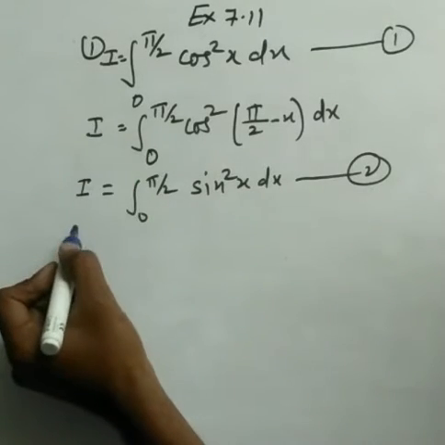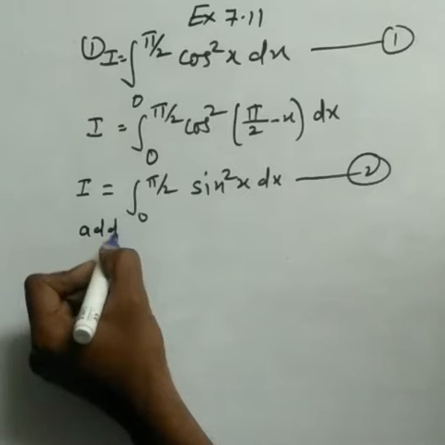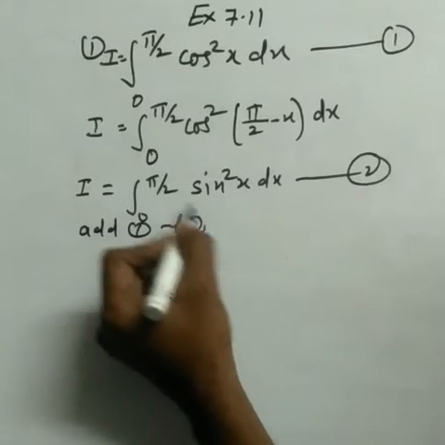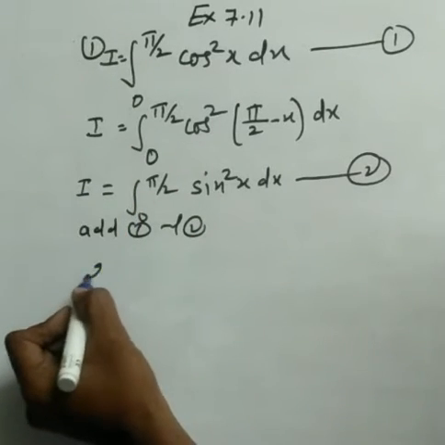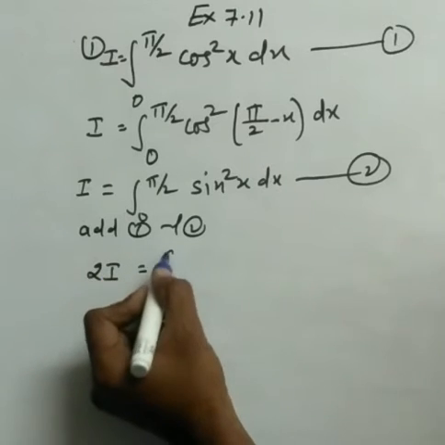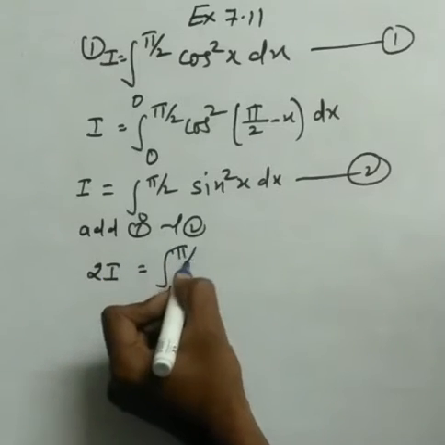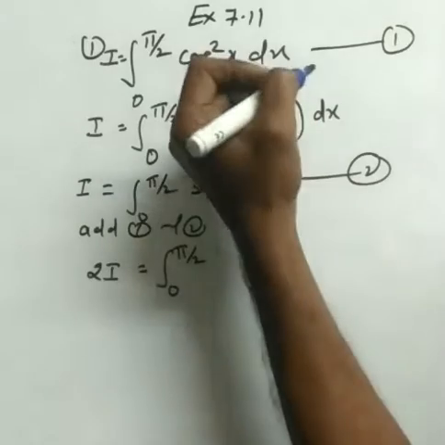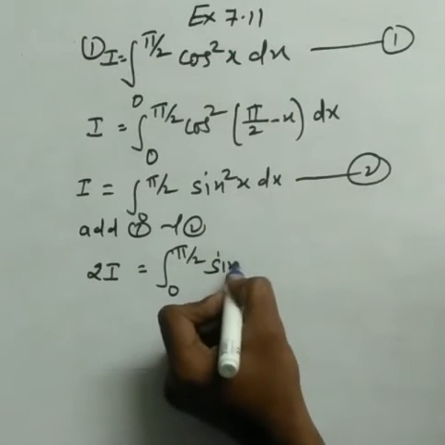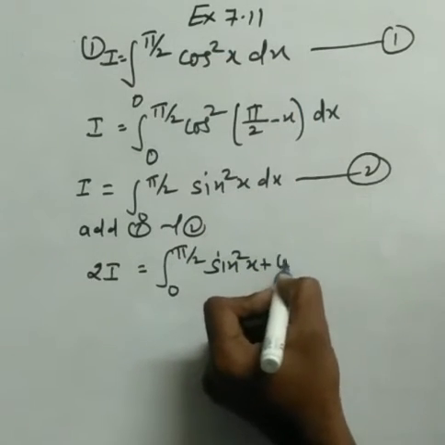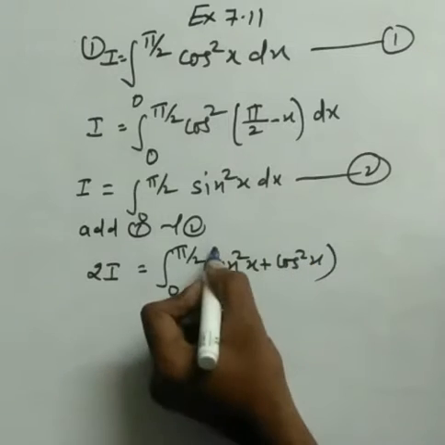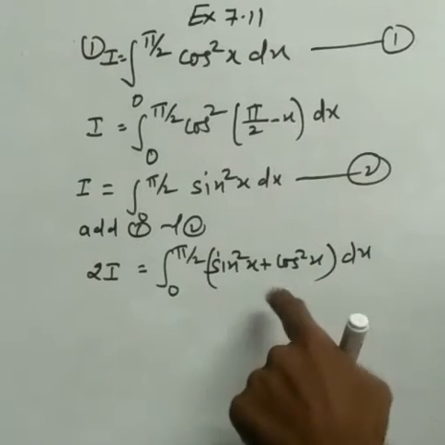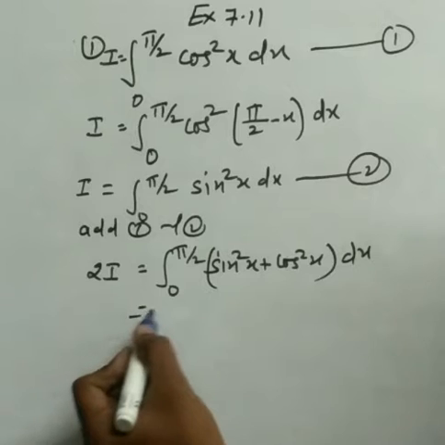We have to add these two. Add first and second. I plus I becomes 2I. 0 to pi by 2 of sine square x plus cos square x dx. This sine square plus cos square is 1.